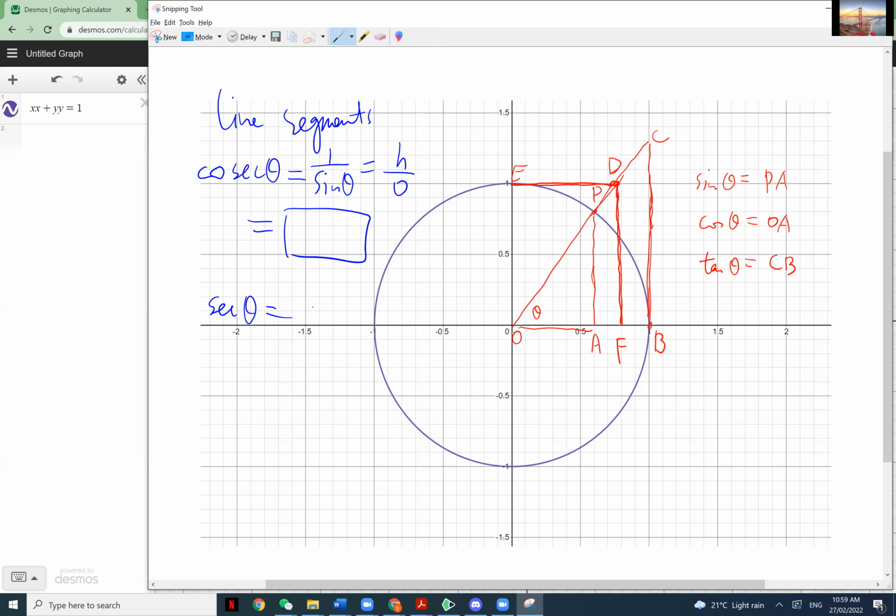Secant theta is 1 over cos, H over A. Which piece of line? Cot theta, 1 over tan, which is A over O, which piece of line in the diagram?